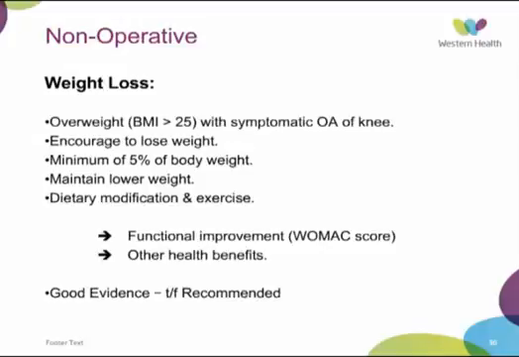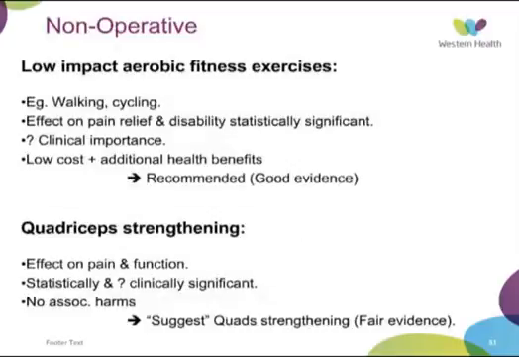And they said that a minimum of 5% of the body weight should be lost and maintained at that lower weight with dietary modifications and exercise. Overall, there was a functional improvement. They used the WOMAC score to assess this, and obviously there's other health benefits associated with weight loss.